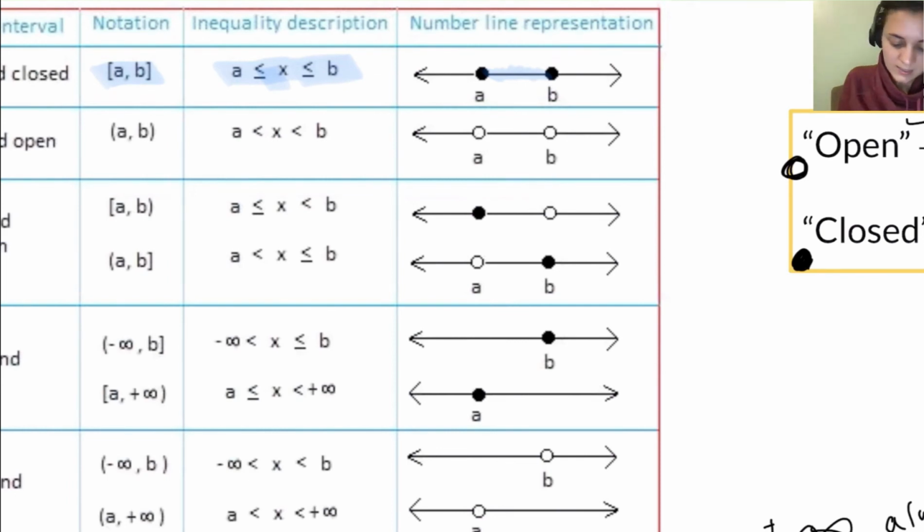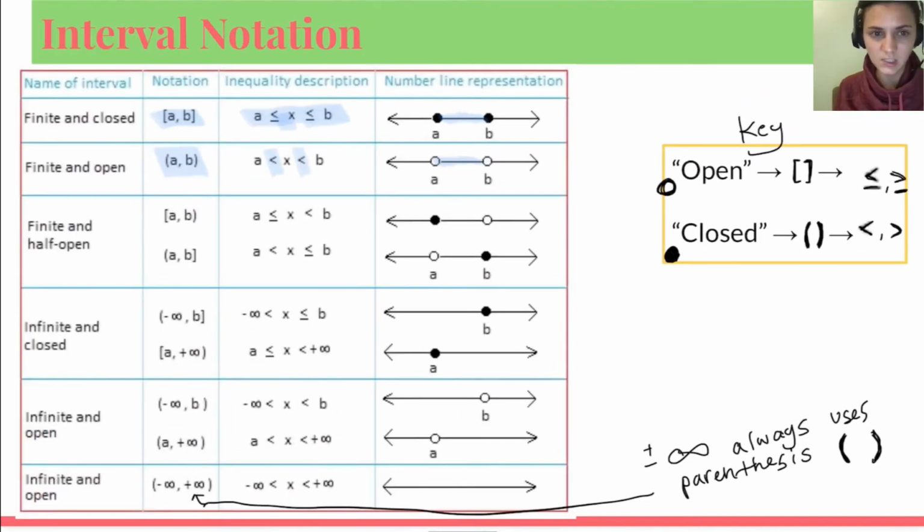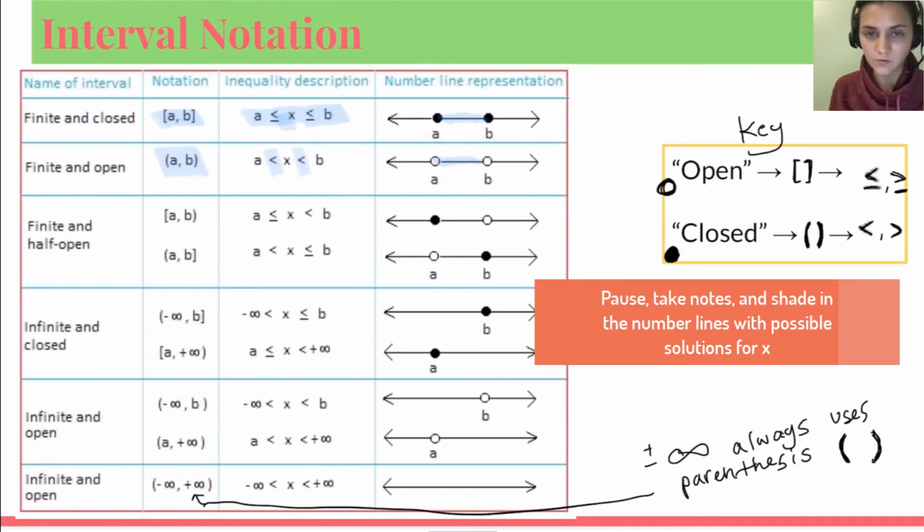Okay, and then the same thing down here, very similar, except I have my open circles because I see I have parentheses and I have not equal to inequalities. So I want you, as you're copying down these notes, to also shade in properly on the number line, just to test, to make sure you understand what these inequalities mean. So you're shading in what are the possible values for x.